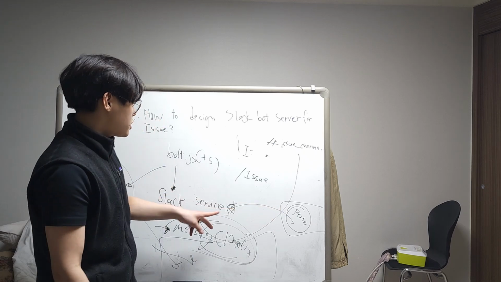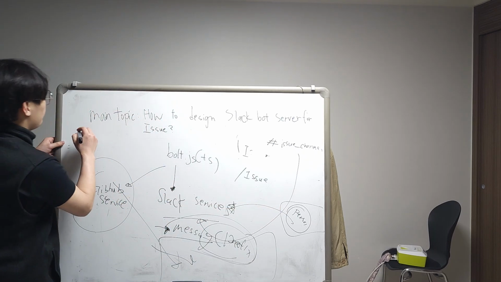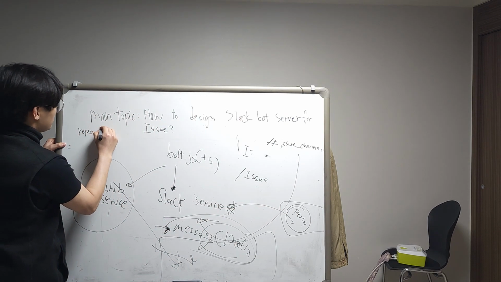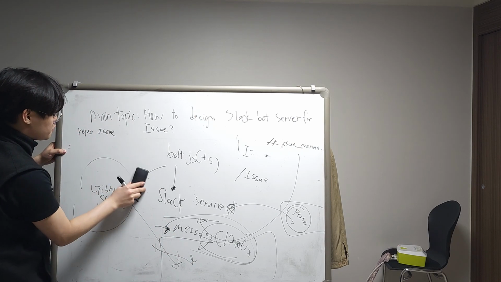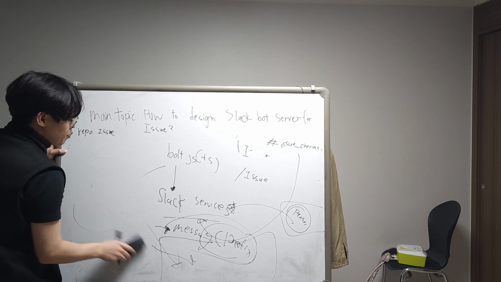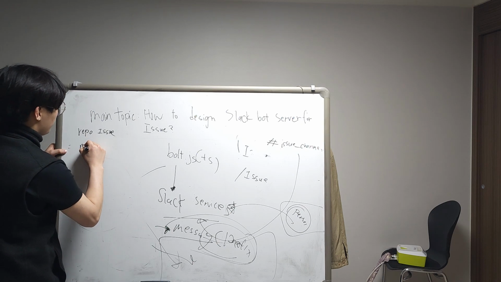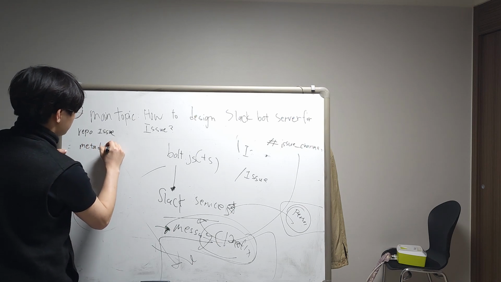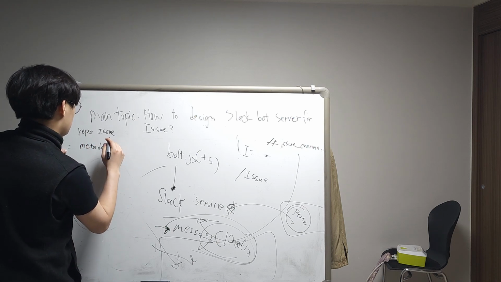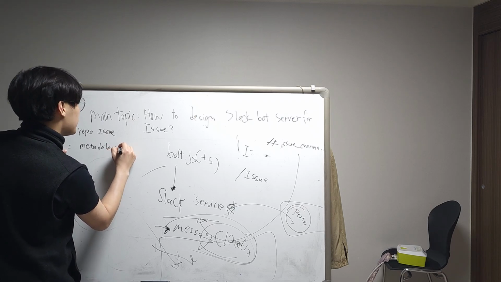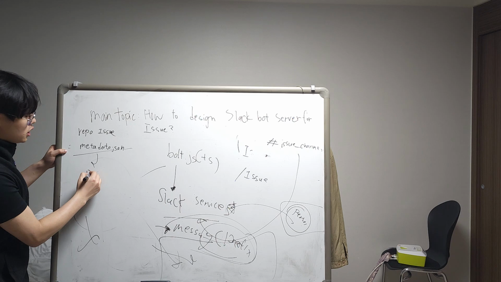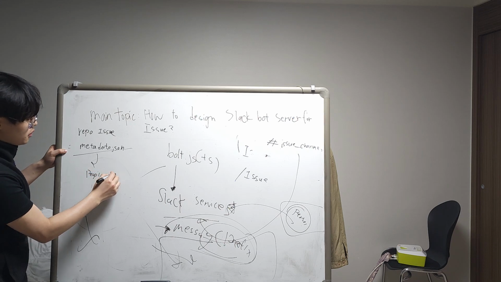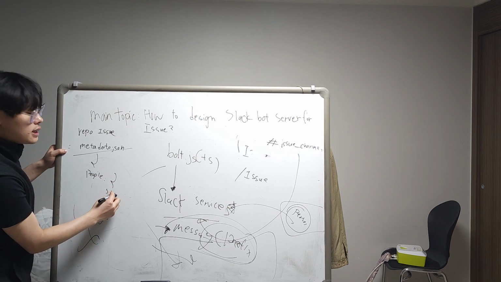So what I did was I made a repo for the Slack issue, GitHub issue, and I put the metadata JSON. Inside this metadata JSON, I put the pair of Slack ID and GitHub ID.